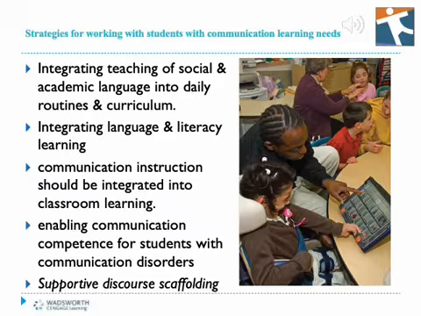Supportive discourse scaffolding. This is an instructional structure that a teacher provides as the child's communication skills emerge. What that means is the teacher slowly begins to decrease assistance in terms of support for the child.